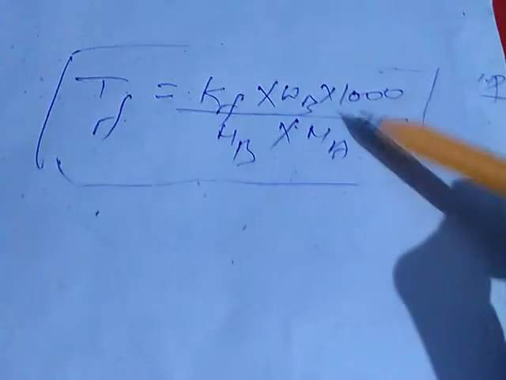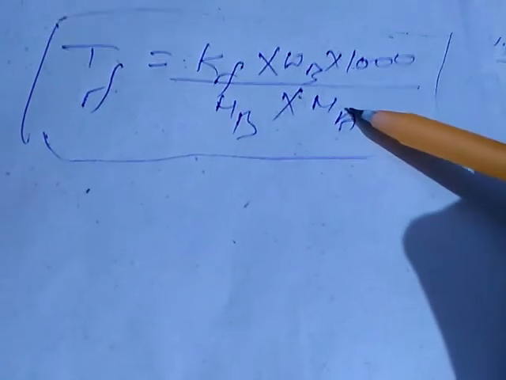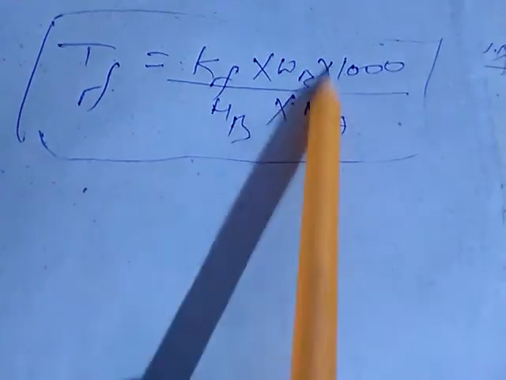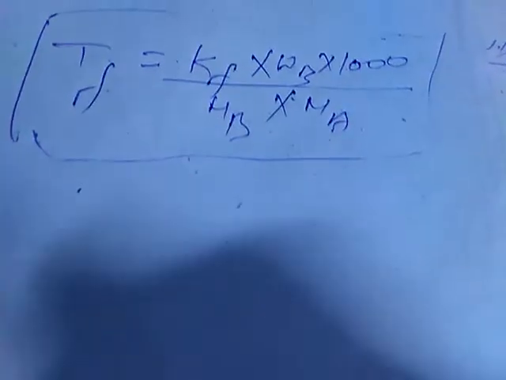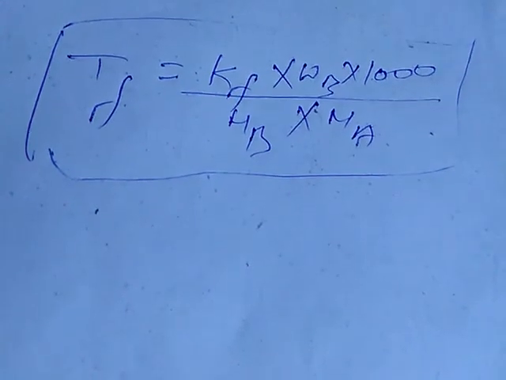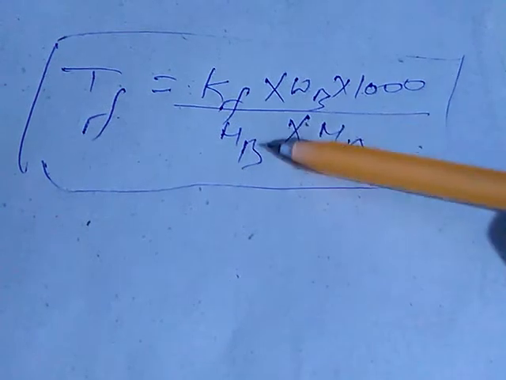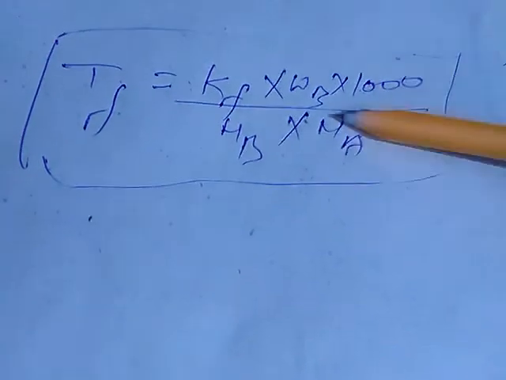This expression can also be used to calculate the molar mass of the solute, and for that we send all the other terms to the other side. It depends upon the condition of the question, what we need to find. If we need to find WB, we send all the other terms to that side and get WB from this expression.